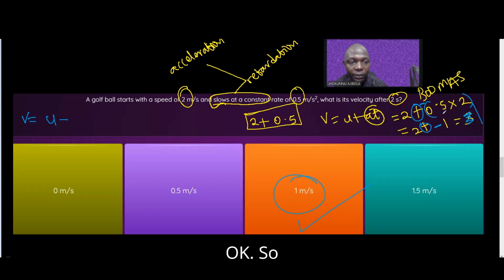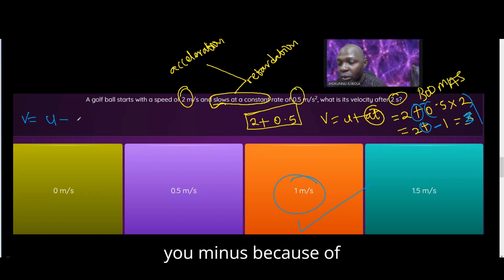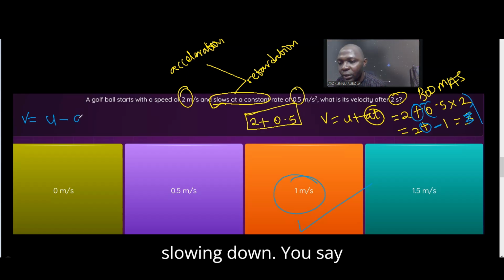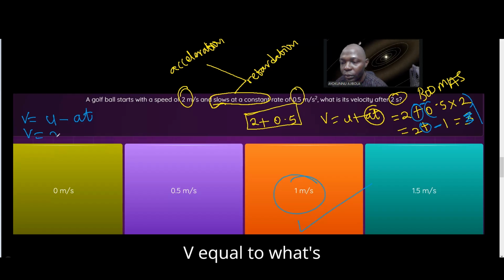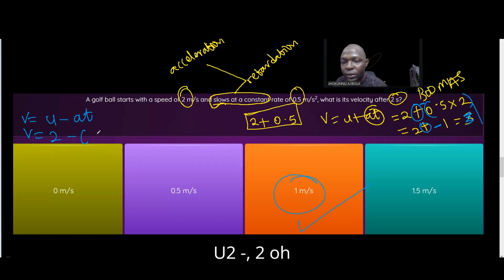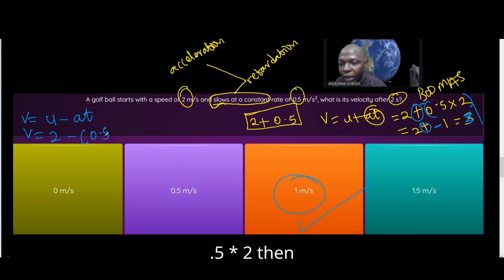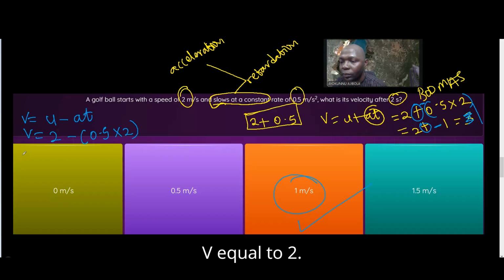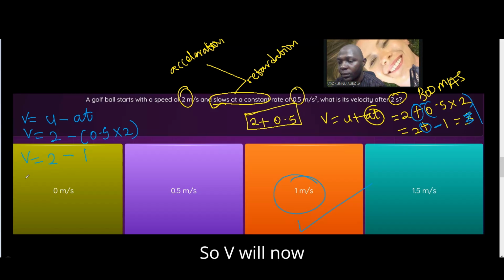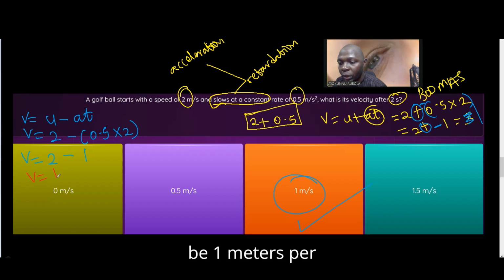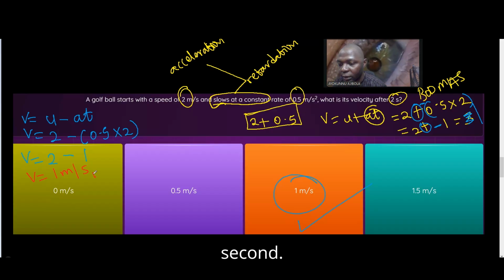Then v equal to 2 minus 0.5 times 2, then v equal to 2 minus 1. So v will now be 1 meter per second.